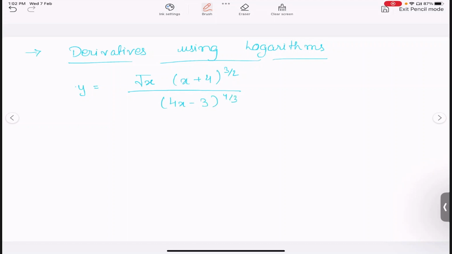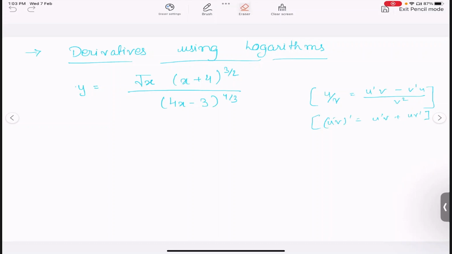If we have to differentiate it using the formula that we have studied earlier, (u by v)' is equal to (u'v minus v'u) by v square, it will get way too complicated. Even using these derivative formulas, we won't be able to handle the equations.